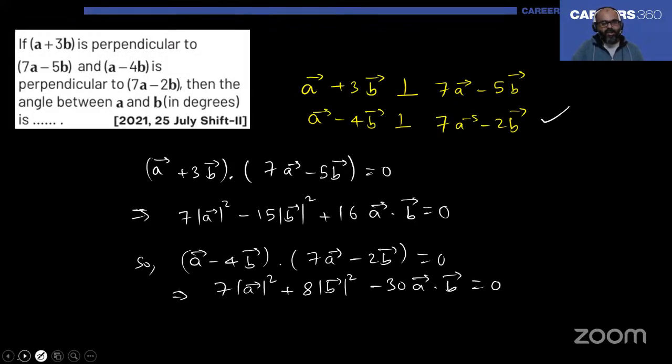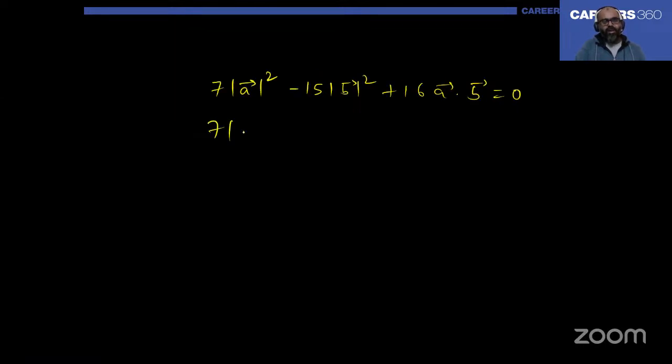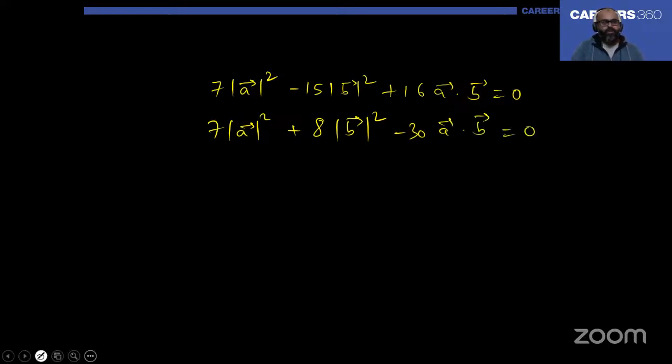Another is 7 mod a square plus 8 mod b square minus 30 a dot b equal to 0.